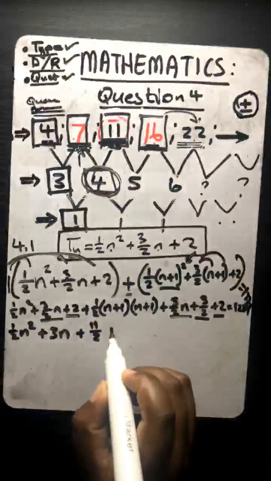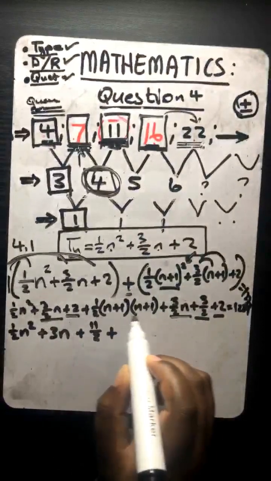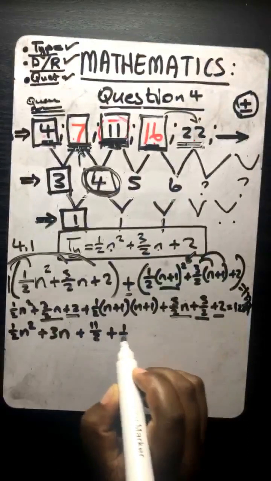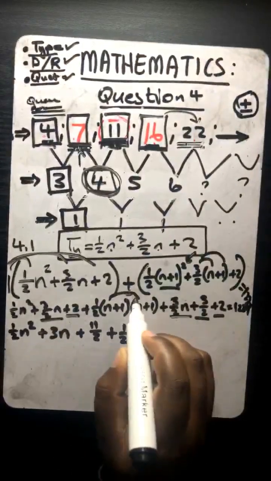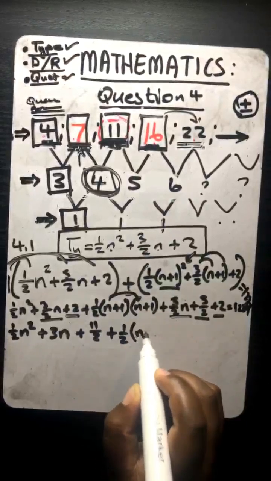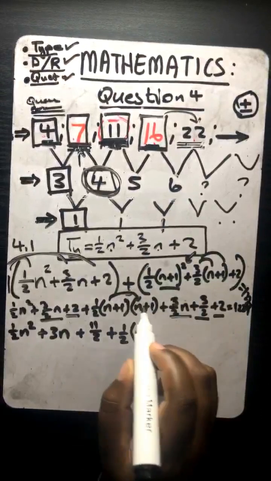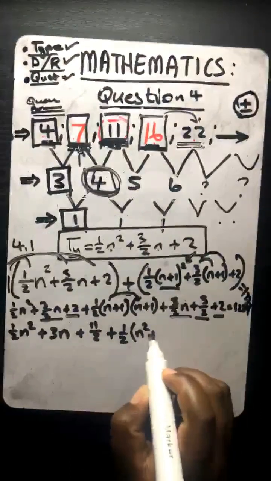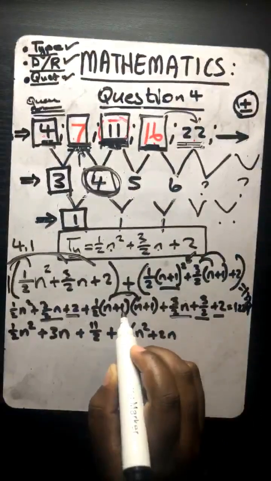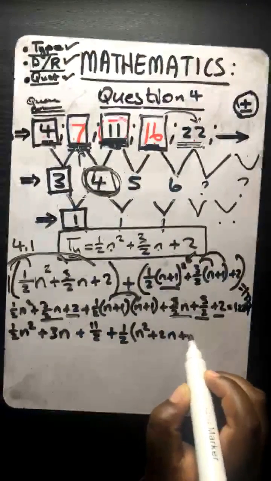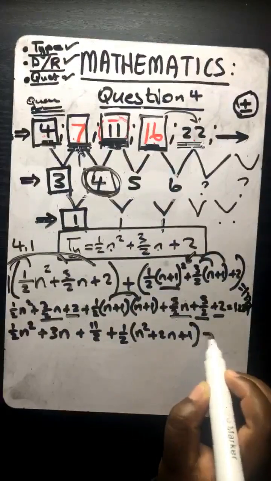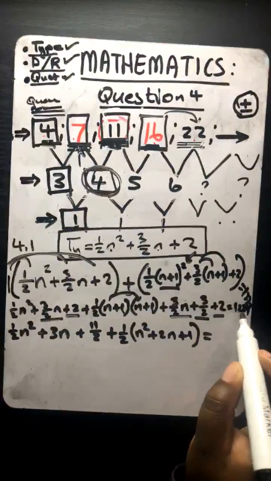But remember, we still have this thing that we need to work out. So that means we're having half, then we have that by that, which is what? N squared. That by that is going to be n, that by that is going to be n, which makes it 2n. Then that by that is equal to 1. Then you close. Remember, you still have that 1227.